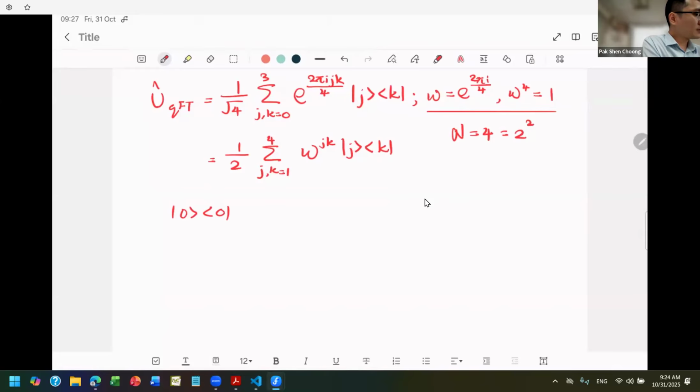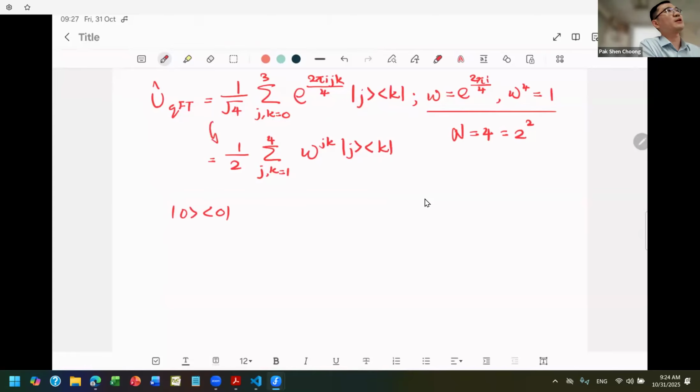So now the second step, what I did is to change the index that runs from 0 to 3 so that it runs from 1 to 4. The reason why is because it's easier for you to identify what this element is. So let's look at one example. What is this thing? This will be 1, 0.